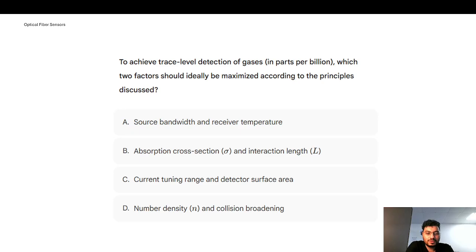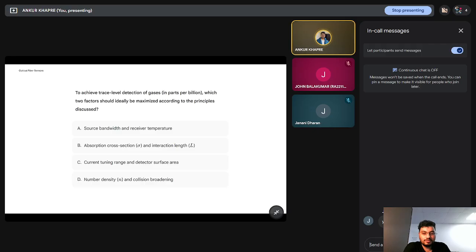Option B, absorption cross section and interaction length. Option C, current tuning range and detector surface area. And D is number density and collision broadening. Please let me know your answer.